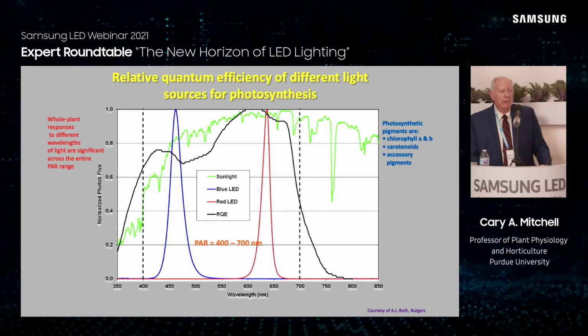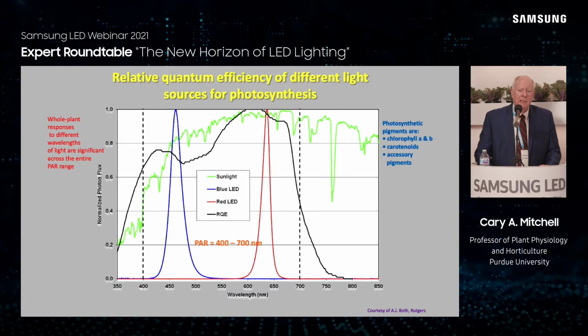This is a very important graph here. The black line is what we call the relative quantum efficiency of each of the wave bands in the PAR. And you can see two peaks. One is a broad peak in the red, which goes from 600 to 700, and it has a peak at about 660. But many early LEDs were also around 620 to 630. They grew plants pretty well.